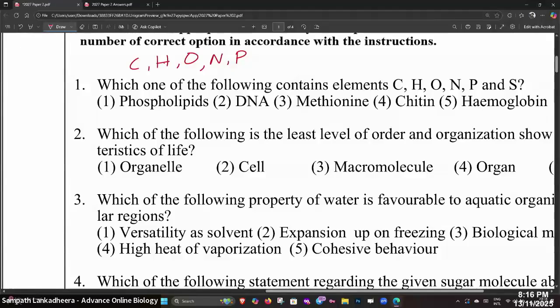We can't take sulfur, as I remember. So we have a small trouble with the first question. If you check the diagram, people, nitrogen present, carbon, oxygen, phosphorus. So you can't take even choline. So phospholipids, no. DNA: carbon, hydrogen, oxygen, nitrogen, phosphorus, and sulfur also there. Sulfur is banned, so DNA also we can't take sulfur.